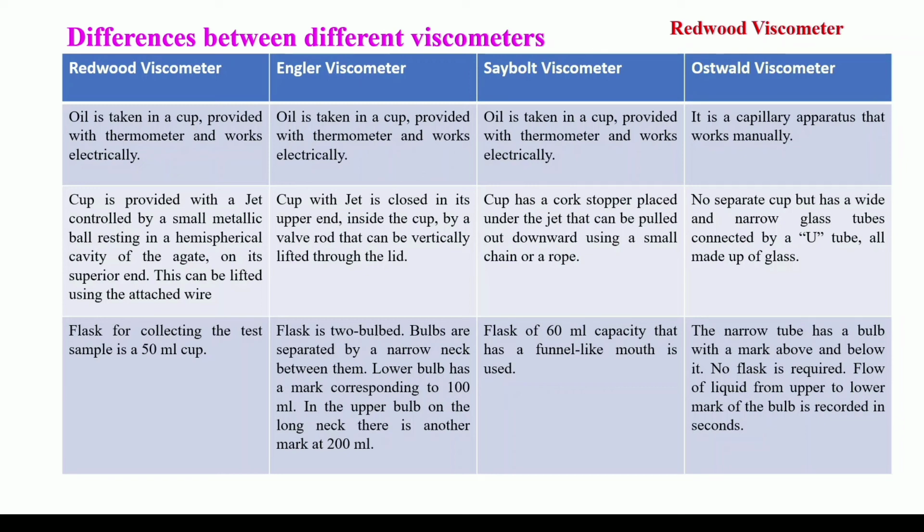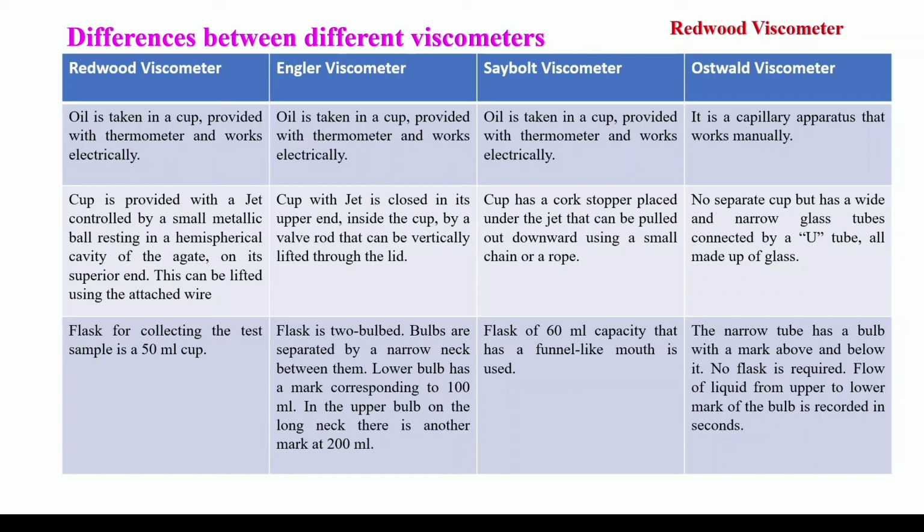In all the three viscometers, that is Redwood, Engler and Saybolt, a collection vessel is provided to collect the test sample, kept below the jet of the brass cup. In the Redwood, the collecting vessel is a 50 ml cup. In the Engler viscometer, it is a 2-bulbed narrow flask, and in the Saybolt viscometer, the capacity of the collecting flask is 60 ml.